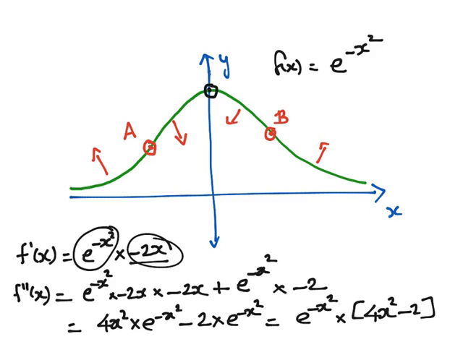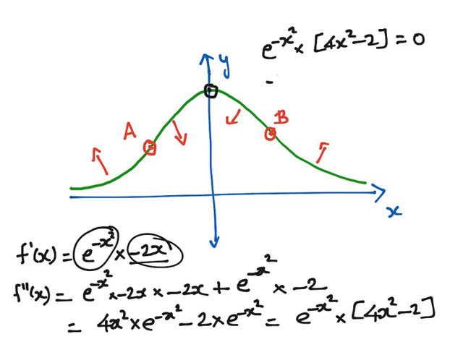So I will do it here. e power minus x squared into 4x squared minus 2 equal to 0. Now e power minus x squared can never be 0, because the exponential function can never take 0 as one of its values.